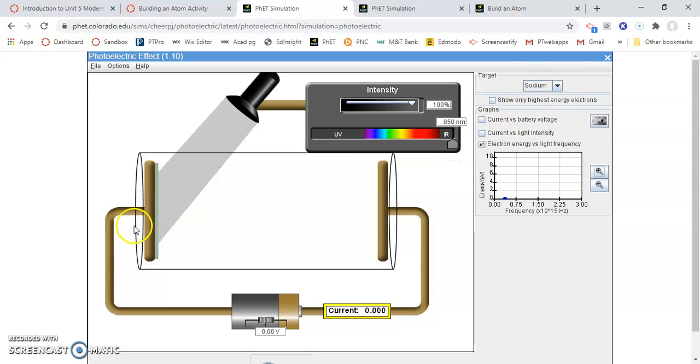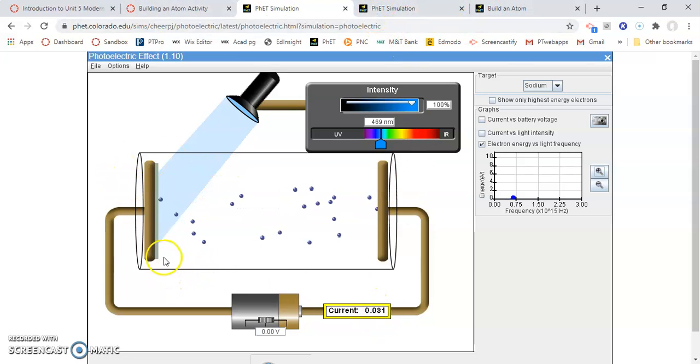And if we have sodium over here, this is sodium metal, and we start to work our way through the spectrum from red into orange into yellow and then green, we're going to start to see electrons being knocked off the surface, moving across from the negative to the positive electrodes. And that shows us that light here is acting as a particle and knocking electrons off of the surface.